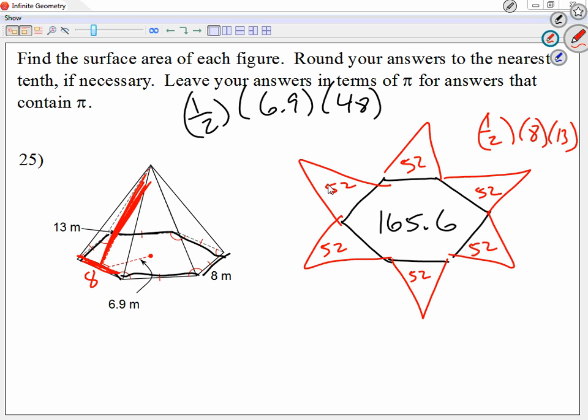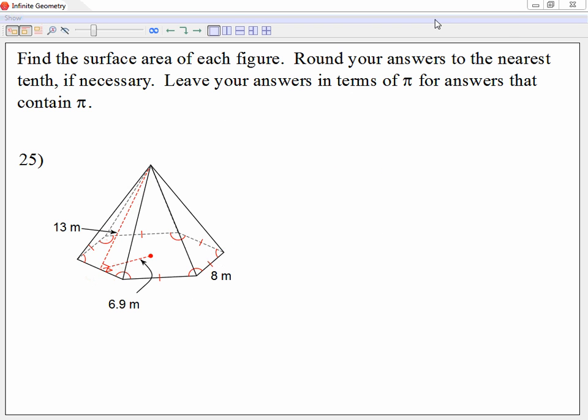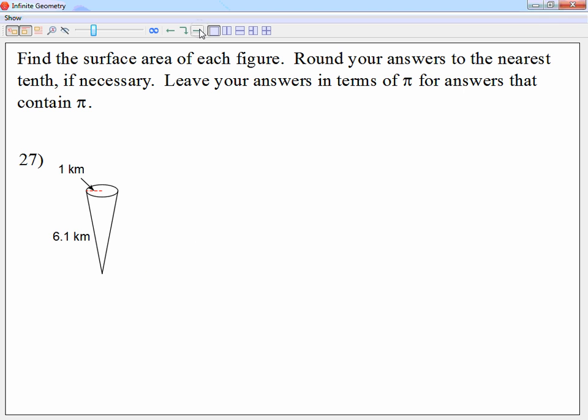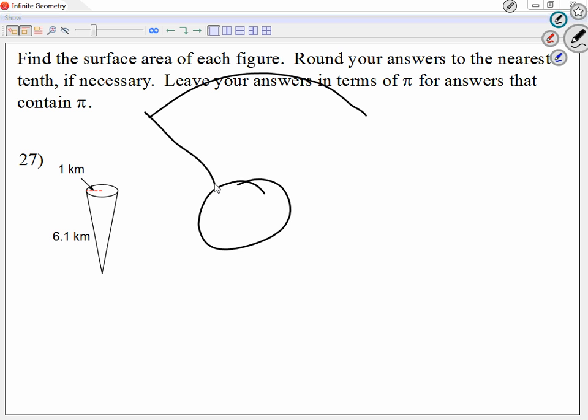Cones have their different way. Like I said, this one I didn't finish. Just add everything. You should get 477.6. But when it comes to a cone, take a look at this one. I know I told you guys they used to spread to a circle, and then this other part looks something like this. The radius is 1 on the circle. The radius is 1. So the area of the circle will be 1 pi.